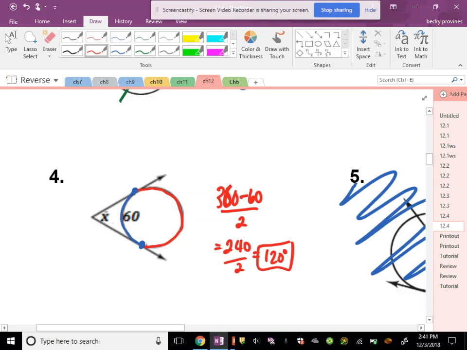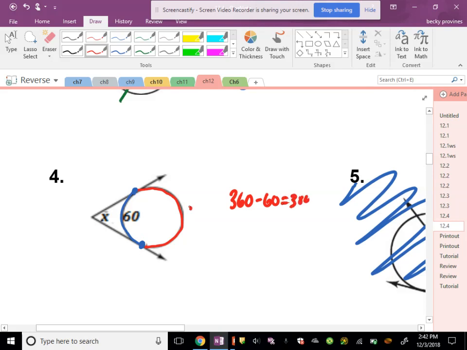Now, let's back up. Let me just do all my work again. If I know a circle is 360 degrees, I can subtract the blue part here to figure out how much this red part really is. Okay, so that's the first step.